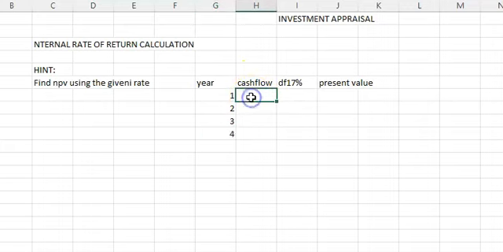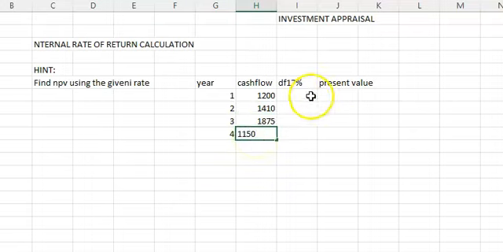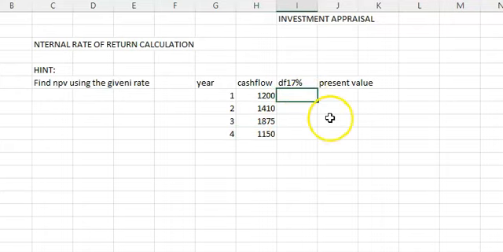So in year 1 we have 1,200, year 2 we have 1,410, in year 3 we have 1,875, in year 4 we have 1,150. So, discount factor. You can calculate a discount factor by yourself.